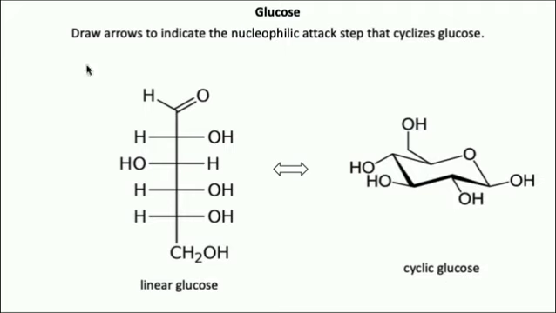The first thing I'm going to do is I look for that double bond. Where's that important anomeric carbon in the cyclic form? What simplifies this problem is to realize that the anomeric carbon will have two bonds to oxygen, whether it's in the linear or cyclic form.